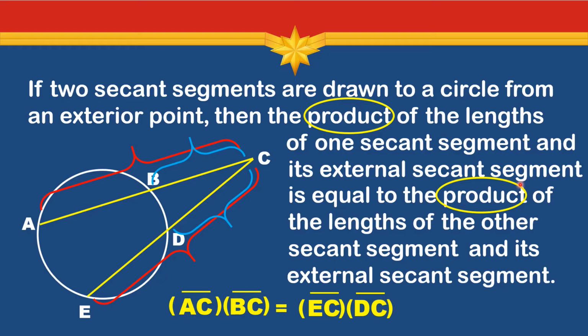Yun. That is the formula for our 2-secant power theorem. Okay, again, kunin natin yung isang buong secant segment, so that's AC, times yung external niya. External secant segment, I mean, times BC equals, kunin natin yung secant segment nung isa naman, which is EC, times yung external secant segment niya, times DC.